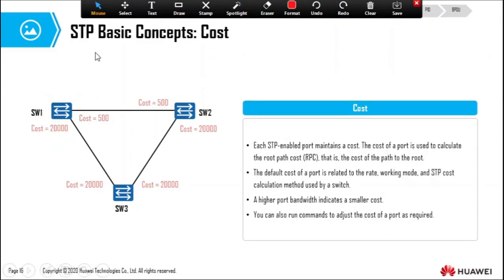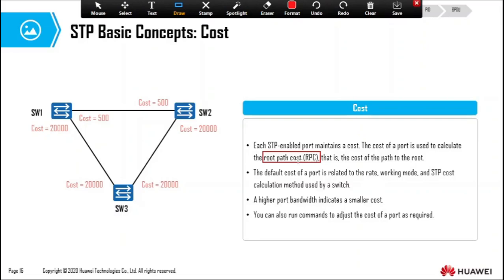So the other important concept in STP is the concept of the cost. Now, the cost is important because it's used to create what we call the root path cost, or RPC. RPC, on the other hand, is used to determine the role that the port will play.